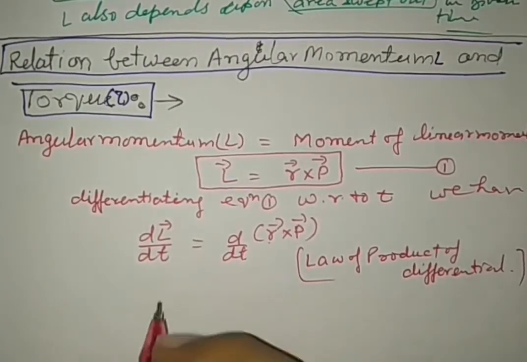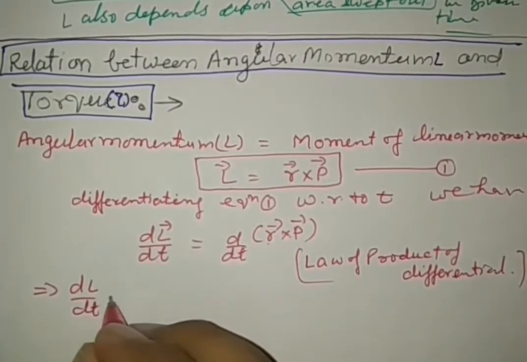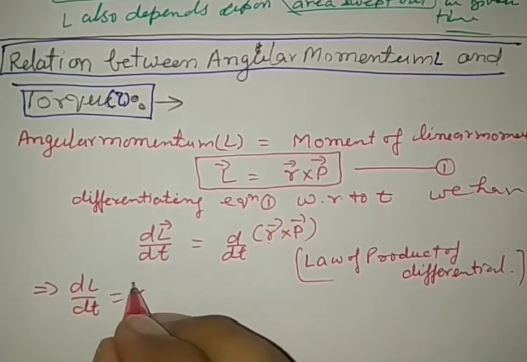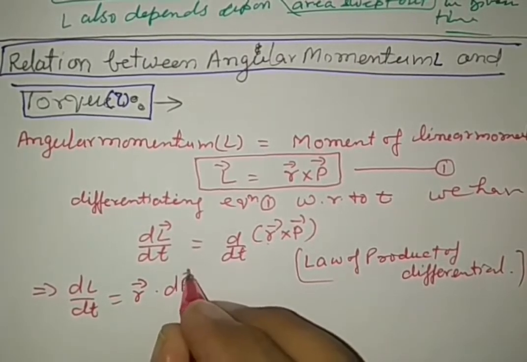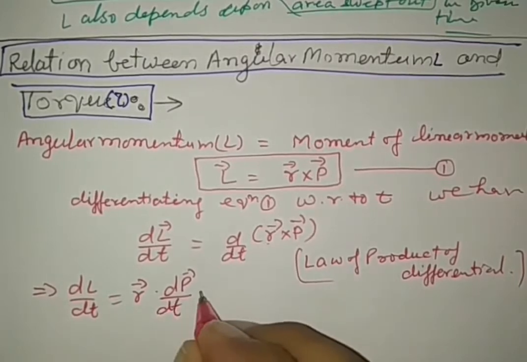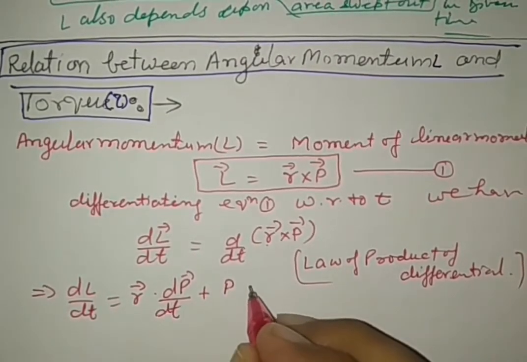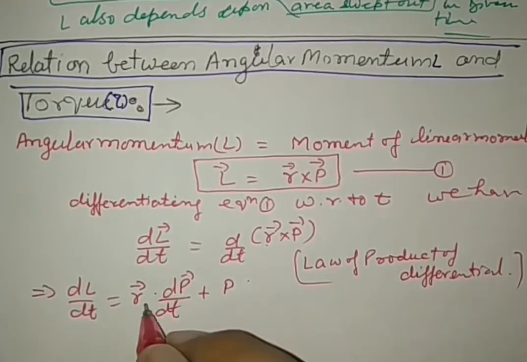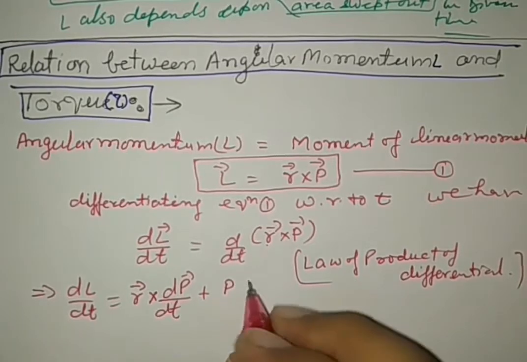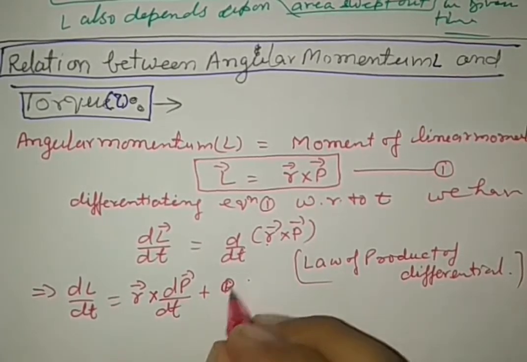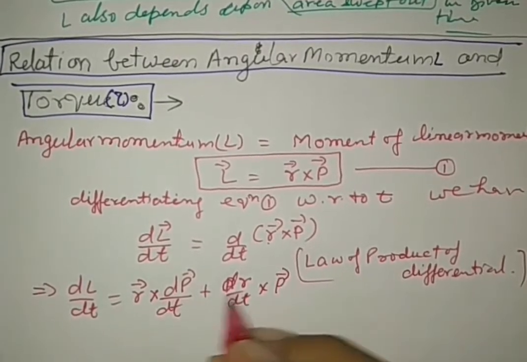So we may write dL by dt is equal to first function into differentiation of second function, plus second function into differentiation of first, dr by dt cross p.